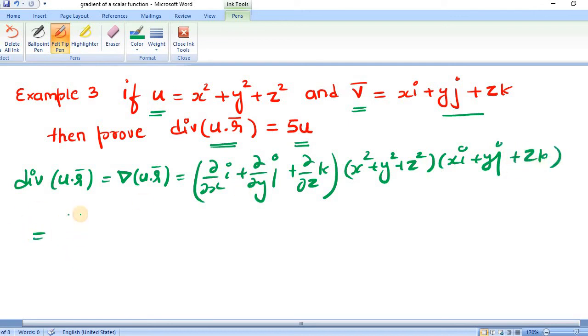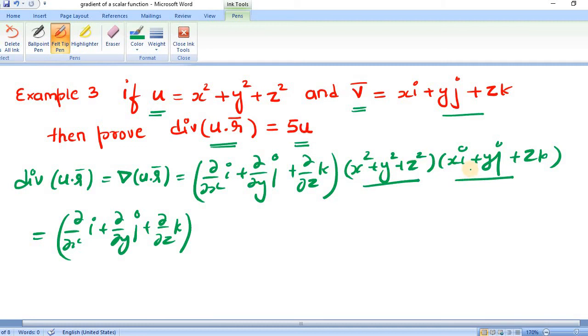Okay, so let me write it: del upon del x i plus del upon del y j plus del upon del z k, and then I would like to multiply this with this. This is a scalar and this is a vector.